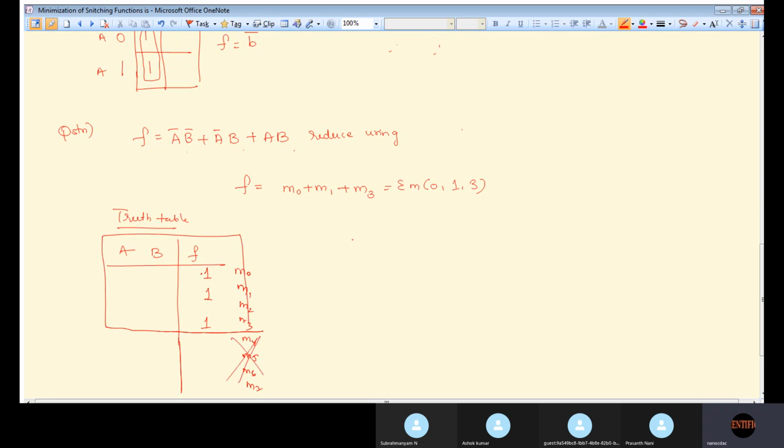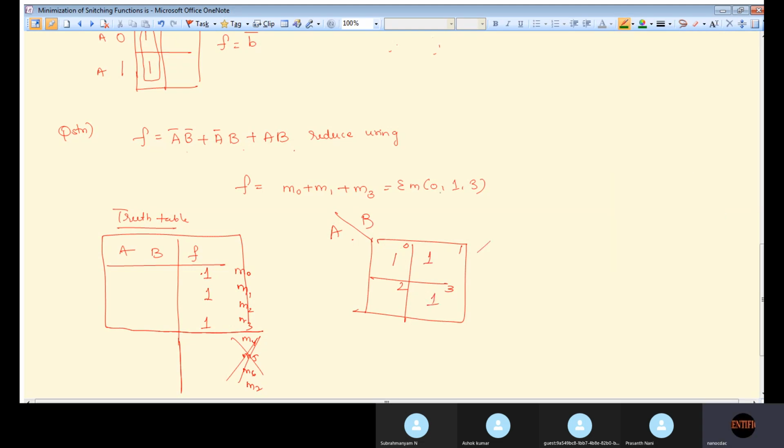See here, only 4 combinations will be there. If I ask you to map this, you should map like this. Here, cells 0, 1, 2 and 3: 1 comes here, 1 comes here, and here 1.